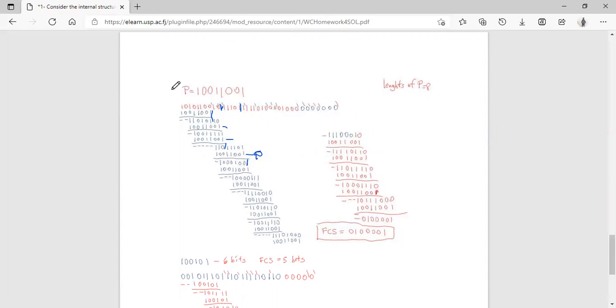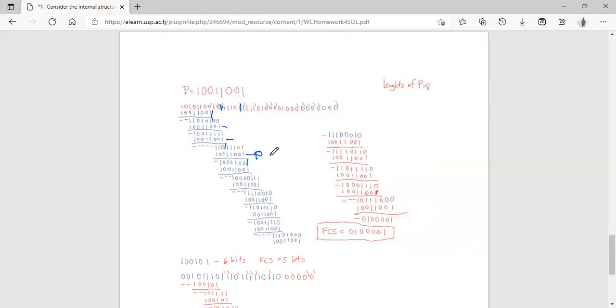One less bit compared to the polynomial. So you can see at the last bit over here we have 7 bits. Now we cannot perform the XOR operation over here because we need 8 bits in order to perform the XOR operation with the polynomial, isn't it? So once we have the remainder to be 1 bit less than the polynomial, we stop.